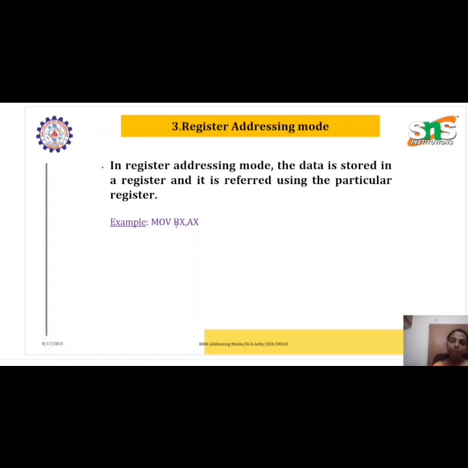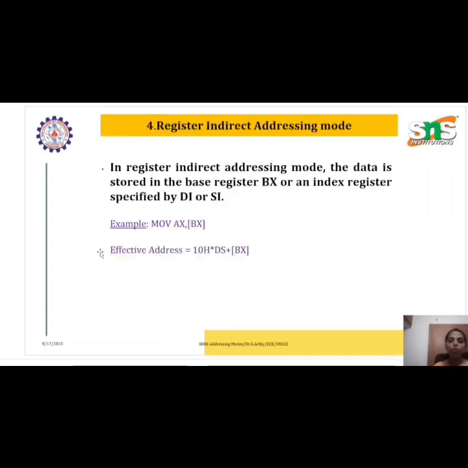Or we can mention these as AL, AH, BL, BH, CL, CH and DL, DH, each 8-bit registers. So 8086 has 8 8-bit registers or 4 16-bit registers. If we are using 16-bit registers, we mention it as X. So MOV BX, AX. Here AX as well as BX are registers. Registers are directly given in the instruction, and so this is known as register addressing mode.